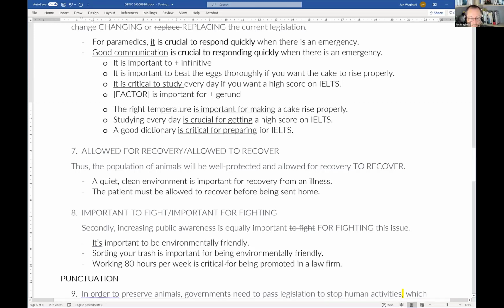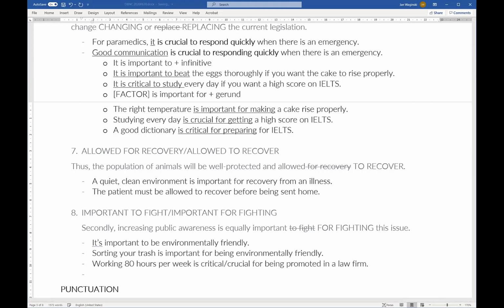To be is not going to work here. To be. Maybe this example won't work.